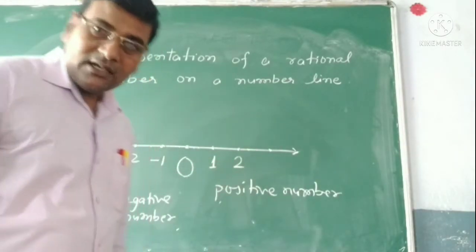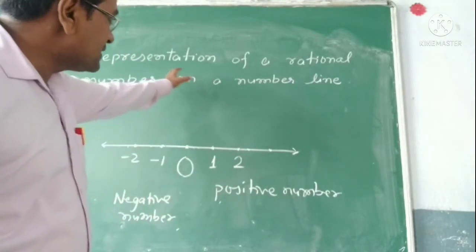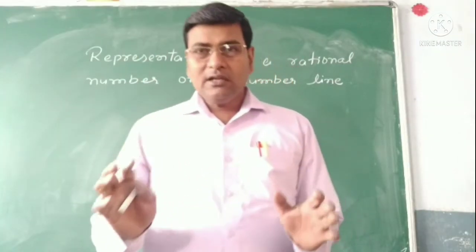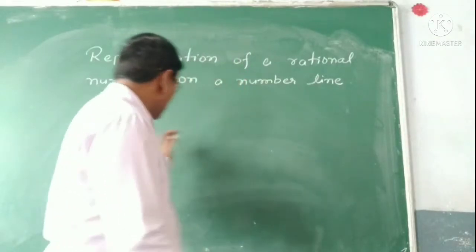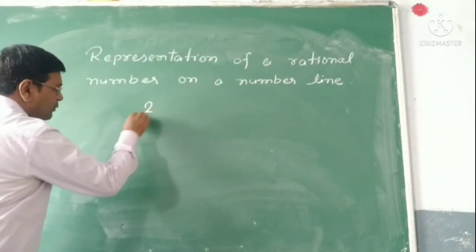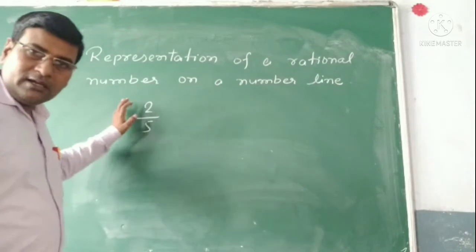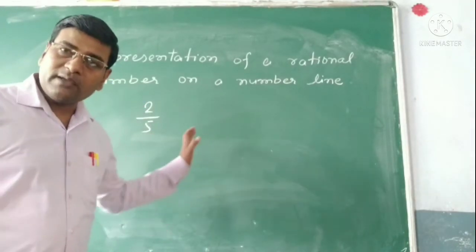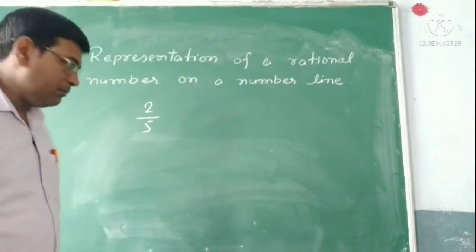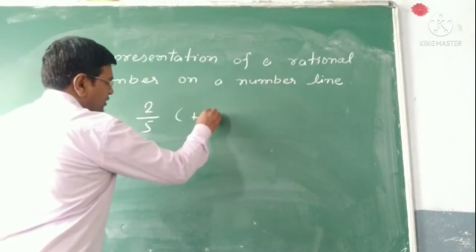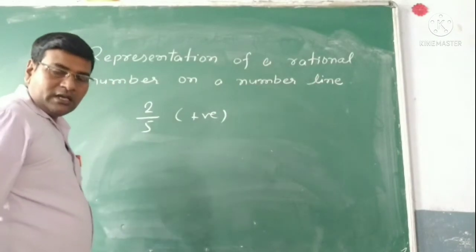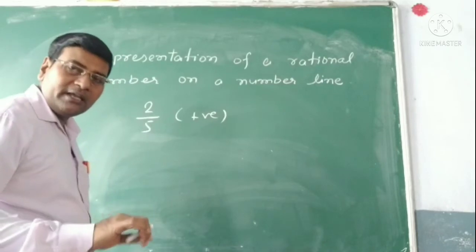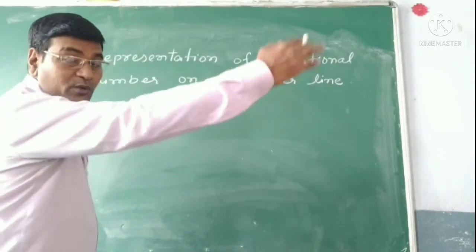There are some numbers, but we want to represent a rational number on this line. I am taking a rational number. Suppose 2 by 5, I am taking a rational number 2 by 5. You know that 2 by 5 is a positive rational number. Right here, positive. And you also know that positive rational number or positive number is represented to the right side of 0.